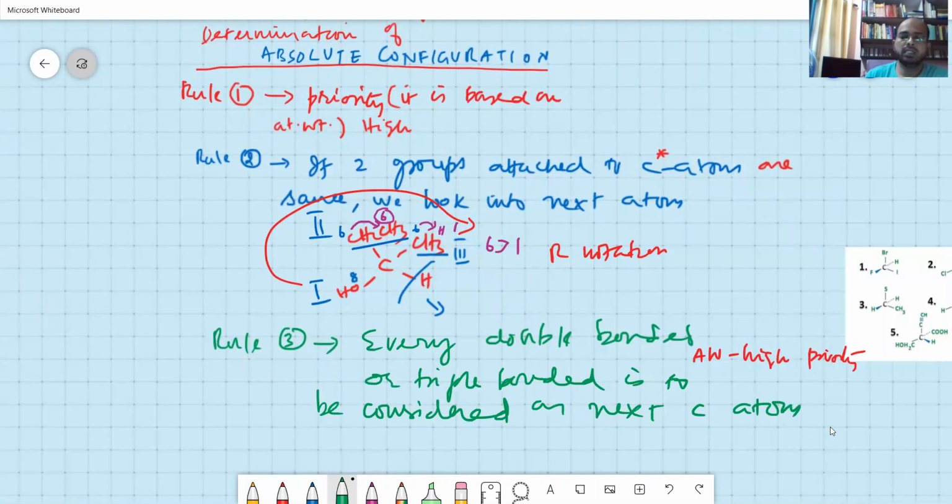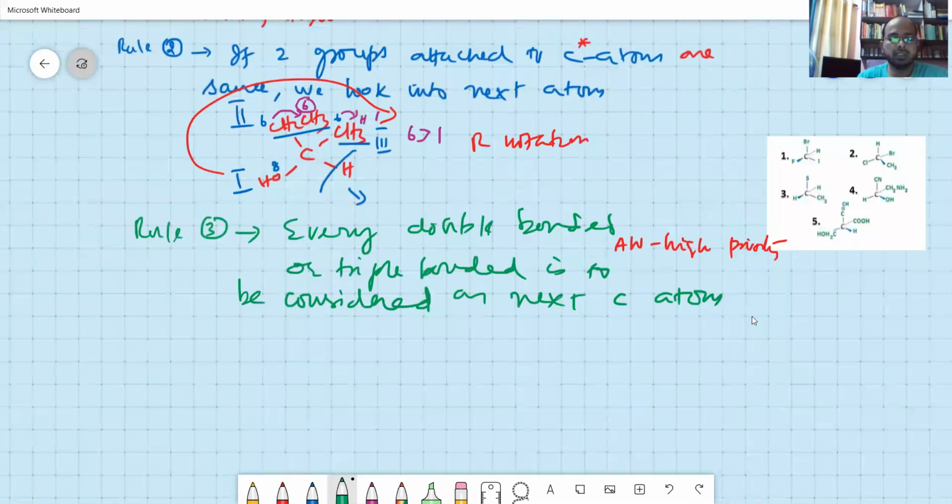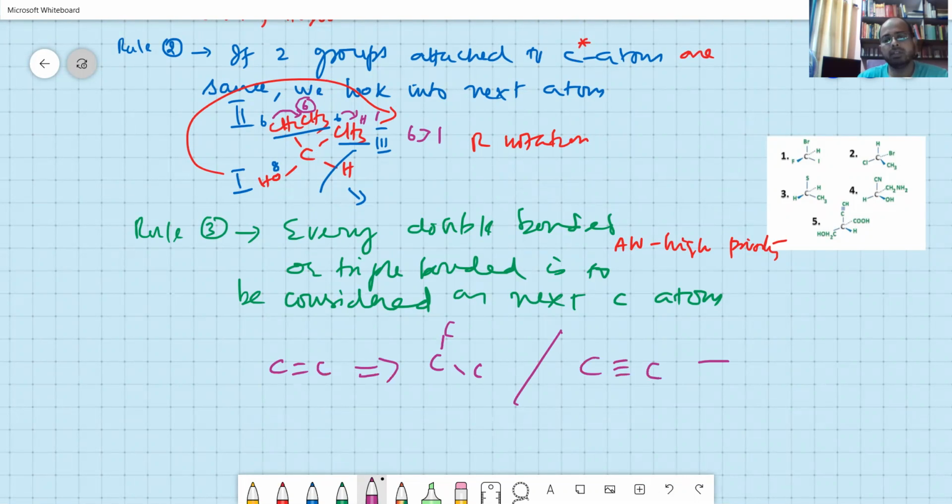An example for this is that if you have a C double bond C, it is equivalent to C, C, C like this. And likewise, if you have C triple bond C, it is equivalent to C, C, C like this.